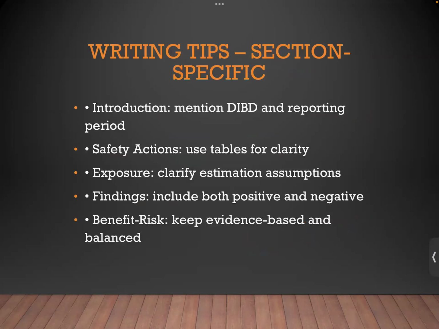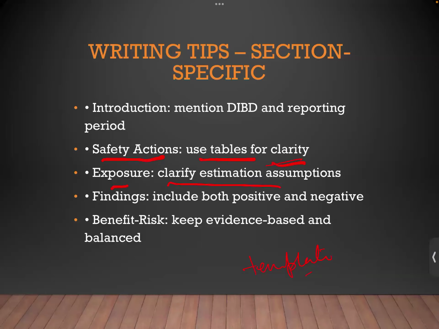So now, writing-specific tips. Important is that you should use tables for clarity. Mostly the template that pharma companies use is well defined. They use tables. Exposure: clarify the estimated assumptions.